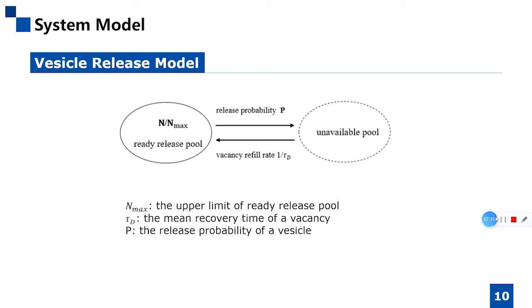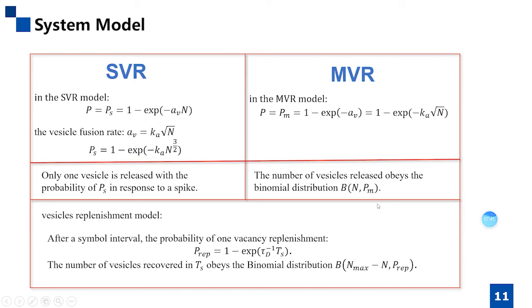The number of vesicles in RP is represented by N. In order to distinguish the two models, P of the SVR model is represented by PS, and PM represents the probability of each vesicle released in the MVR model. Both the expressions of PS and PM are shown in this table.